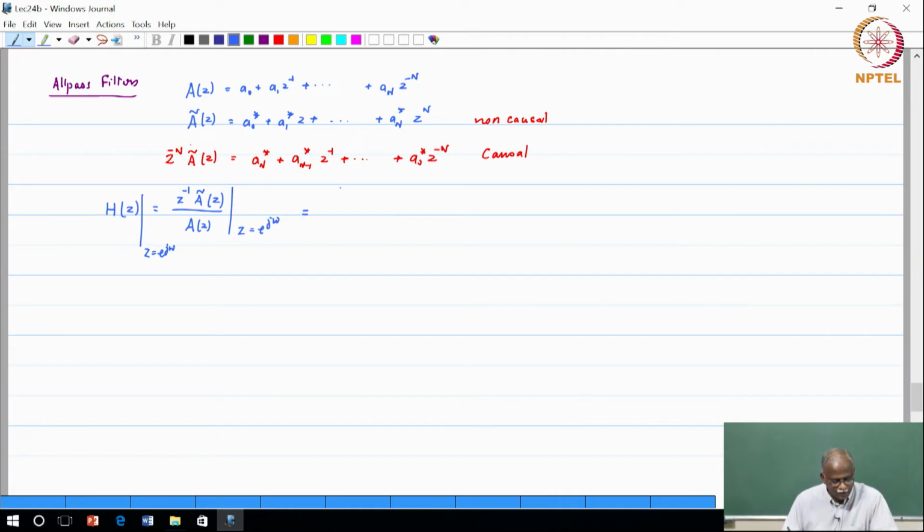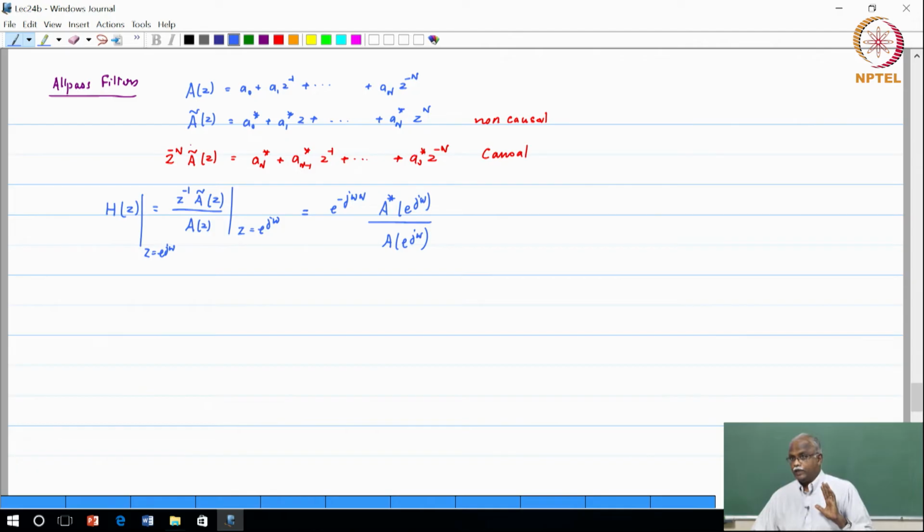This comes out to be e to the power minus j omega n, times A tilde, which is nothing but A conjugate of e to the j omega, over the denominator A of e to the j omega. Take the magnitude, it equals 1. So this is the general form of an all pass filter.